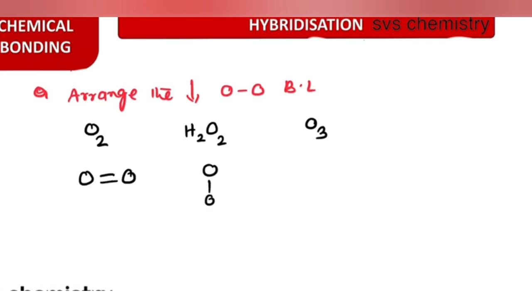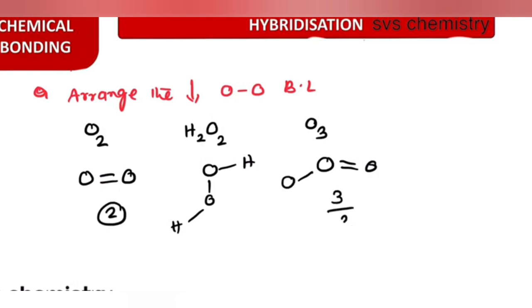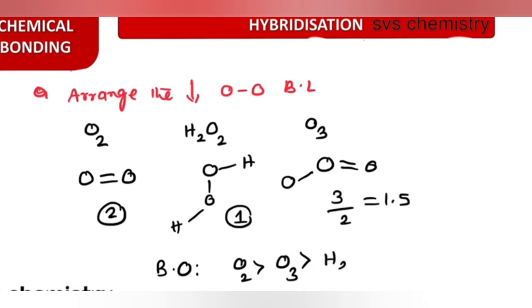In hydrogen peroxide there is a peroxy linkage, a single bond. In ozone, this is the structure: bond order is 3 bonds by 2, which is 1.5. So bond order is highest for O2, followed by O3, followed by hydrogen peroxide. Bond length is more for hydrogen peroxide, followed by O3, followed by oxygen.